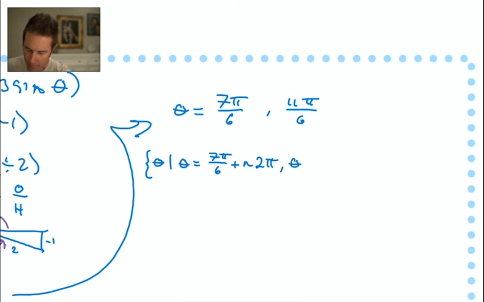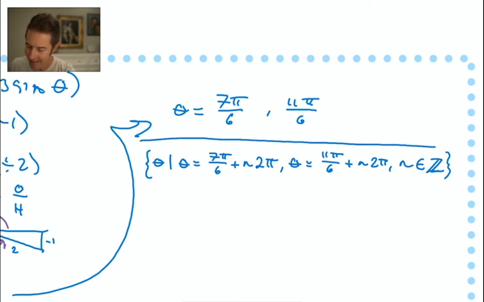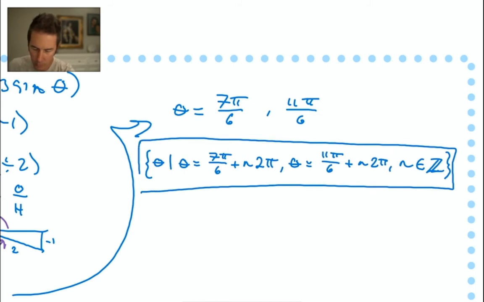Or we could have theta values equal to 11 pi over 6 plus integer multiples of 2 pi. Remembering that those n values must be integers or members of the set of integers. I've been using n. In previous sections, in previous videos, I've used the lowercase letter k. You might see that also.